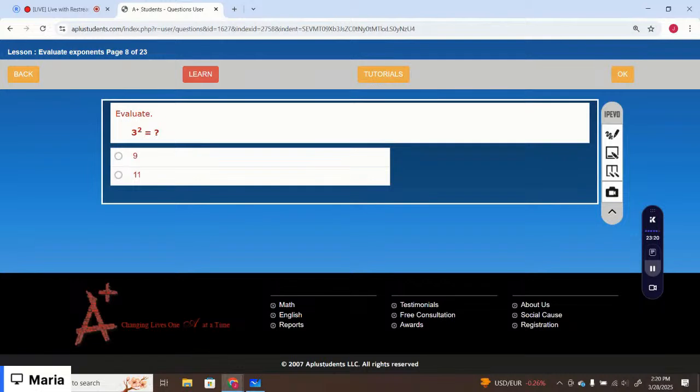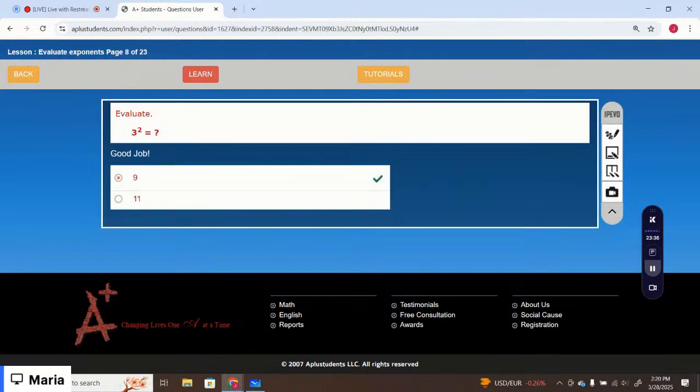So three squared equals 9. Option number 1 is the correct option.